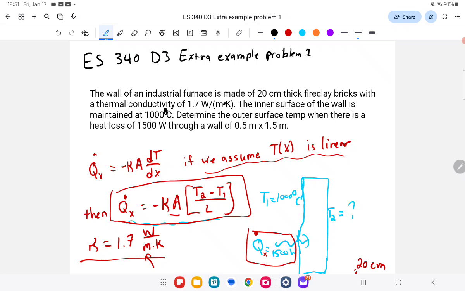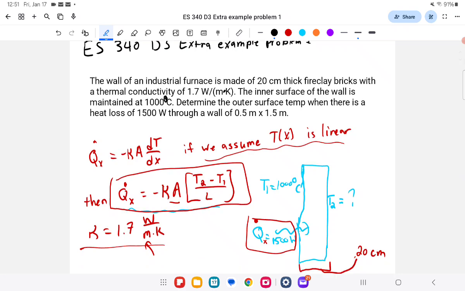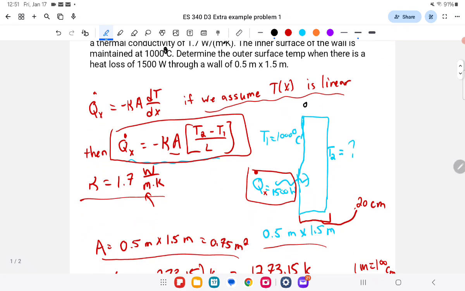Determine the outer surface temperature when there is a heat loss of 1500 watts through a wall of 0.5 meter by 1.5 meter. So this might be the 0.5 meter, and this is probably the 1.5 meter, right? And the inner surface is over here, so that's this one, and the outer surface is here.